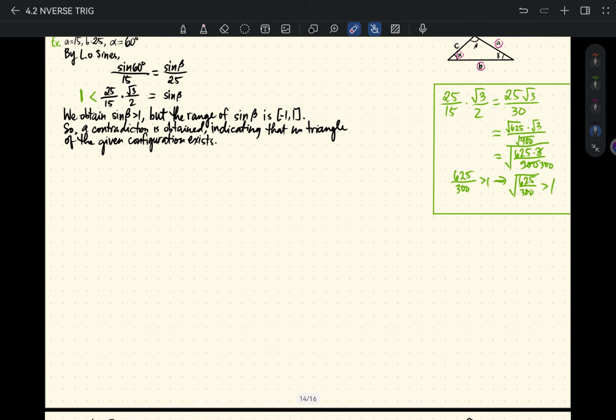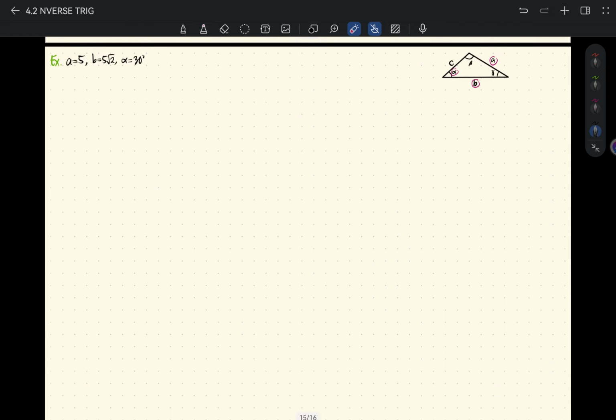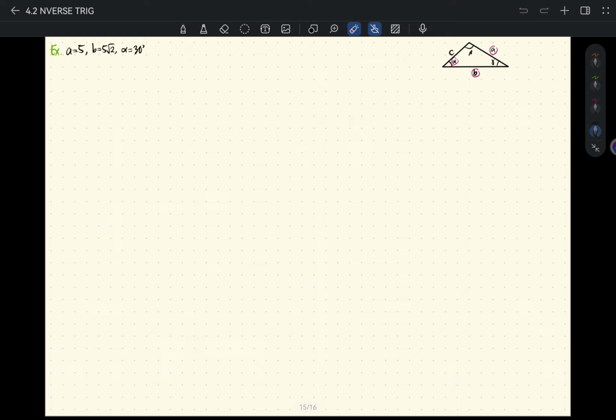Let's proceed to the last example. So for the third example, for SSA, we have A equals 5, B equals 5 square root of 2, and alpha equals 30 degrees. So this one is given right here, and you have B.